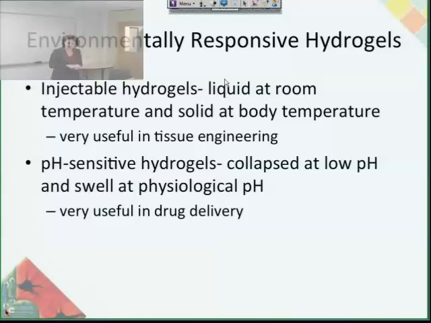So you want it to remain collapsed and not release the drug until you get past the stomach when the pH is low. So as soon as the pH increases, it swells and releases the drug. So we're going to go into a lot more about these smart hydrogels in Biomaterials 2 and 3. But I just wanted to mention them here because they're pretty cool.